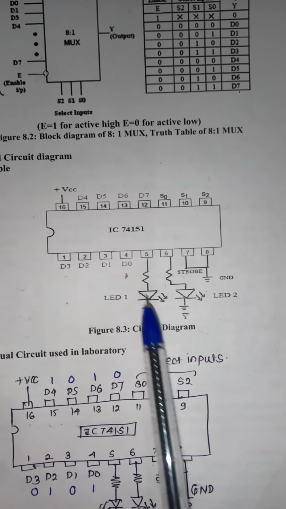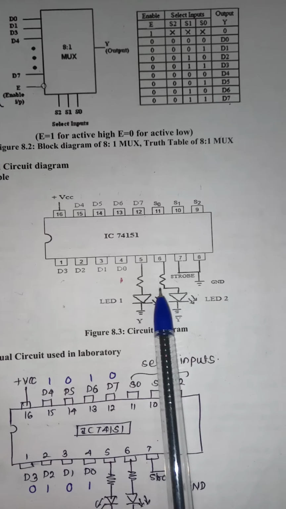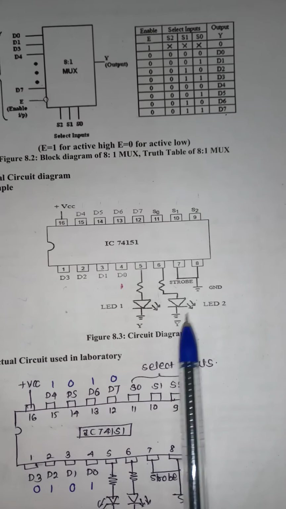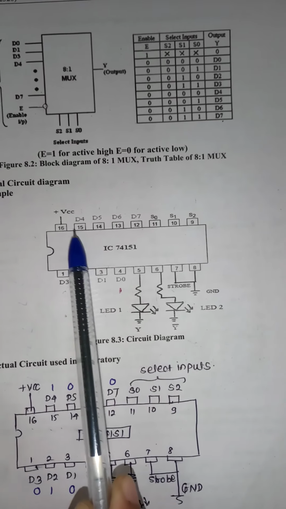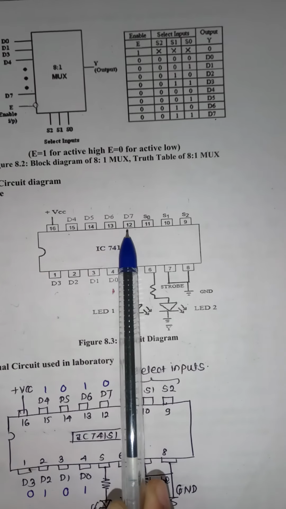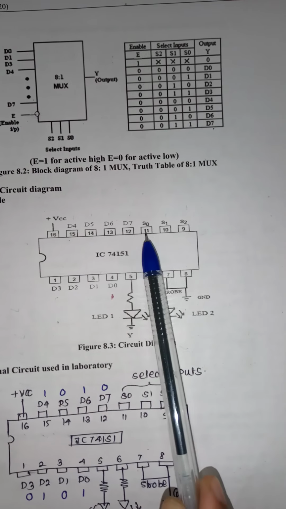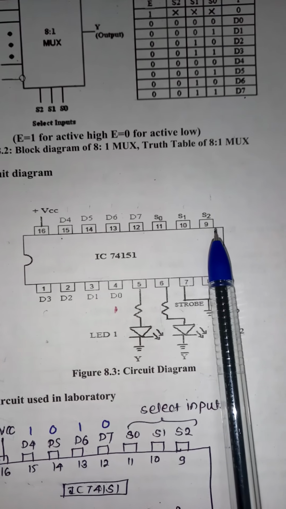Pin number 5 is output line Y, and pin number 6 is complement of output, that is Y bar. Data inputs are D0, D1, D2, D3, D4, D5, D6, D7. And selection lines are S0, S1, S2 at pin numbers 11, 10 and 9.